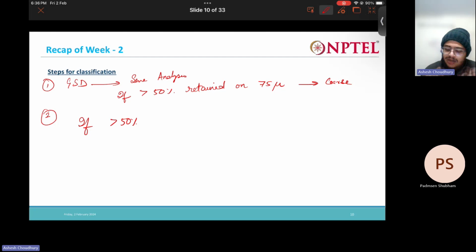First you identify that it is coarse soil. Now, which coarse, gravel or sand? That you have to identify.